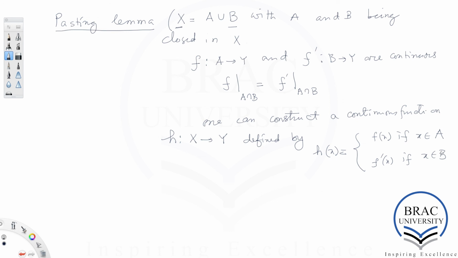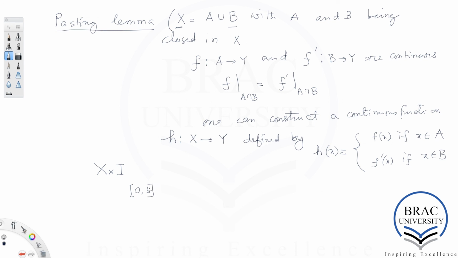We use this pasting lemma to prove that the function that we defined earlier, big G, is indeed a well-defined continuous function. Because you see that in this case we have this topological space X cross I, where I is this closed interval 0, 1.